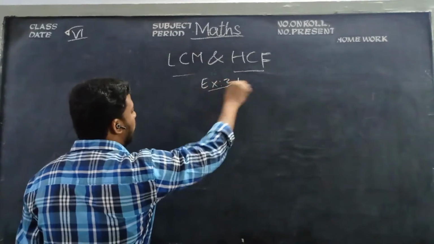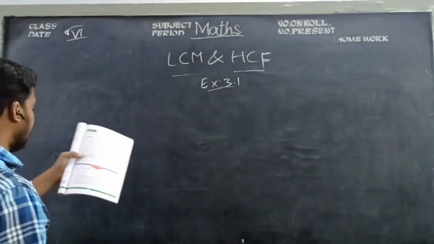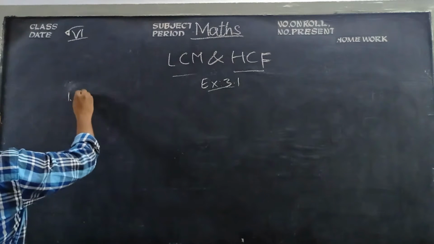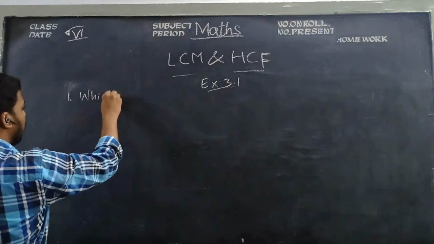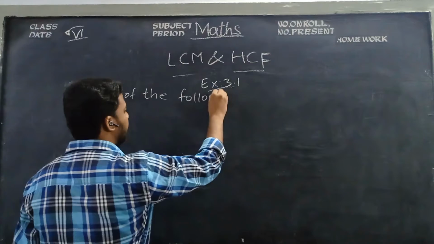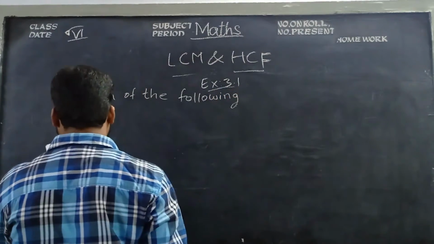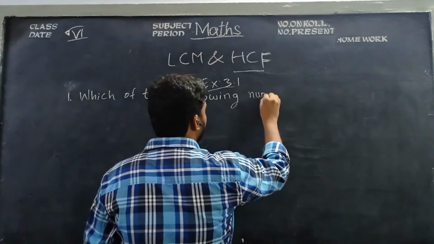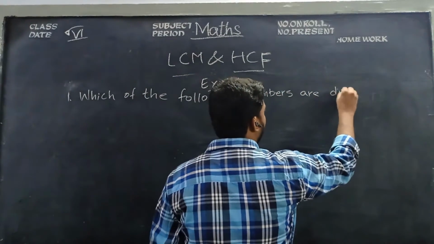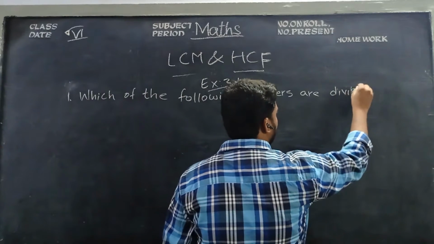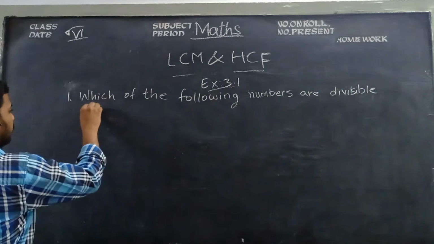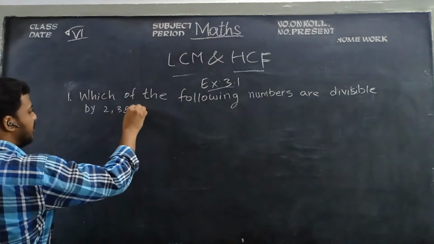In that the first problem is: which of the following numbers are divisible by 2, 3 and 6?